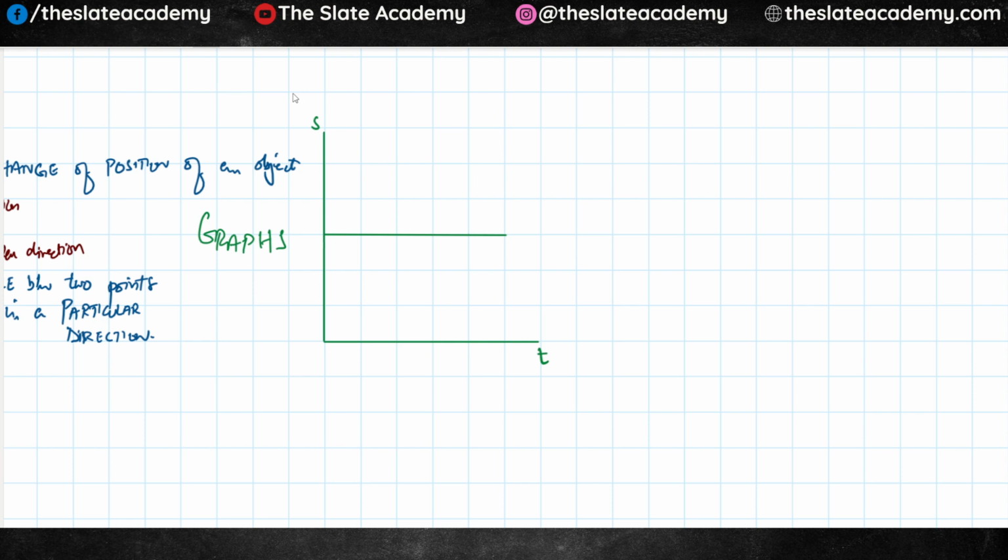This would be constant velocity. How do I know? First of all, sir, gradient, which is m, is equal to delta y by delta x, right?